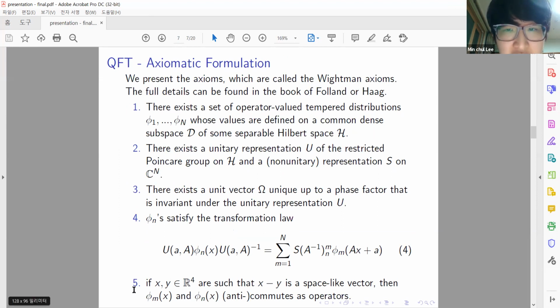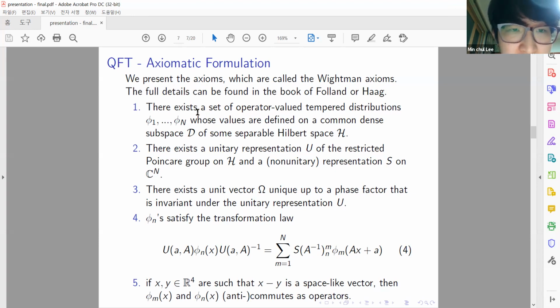I just briefly present the axioms because they are very intricate and many details are involved. The full details can be found in the book I just referred to, or another book, Local Quantum Physics by Rudolf Haag. These are the Wightman axioms, and let's briefly state them.